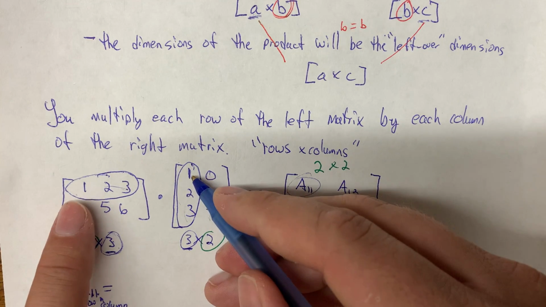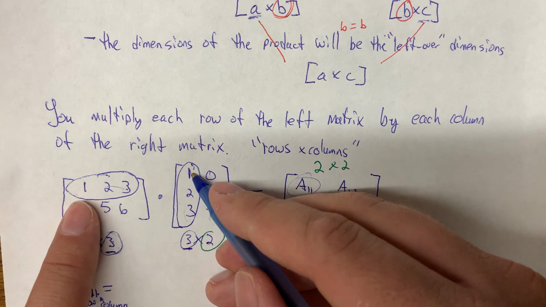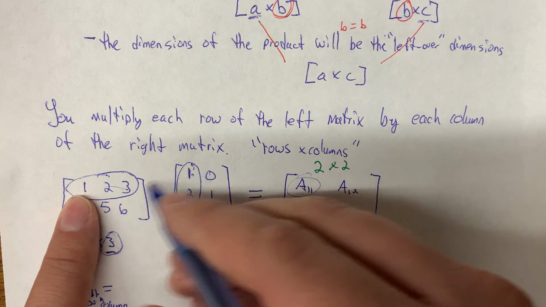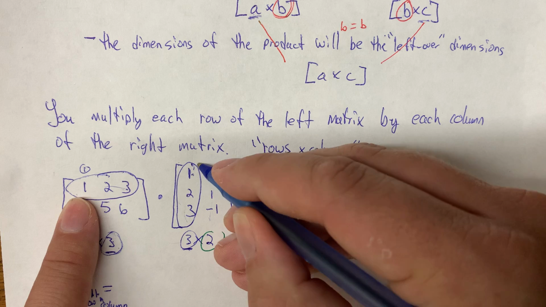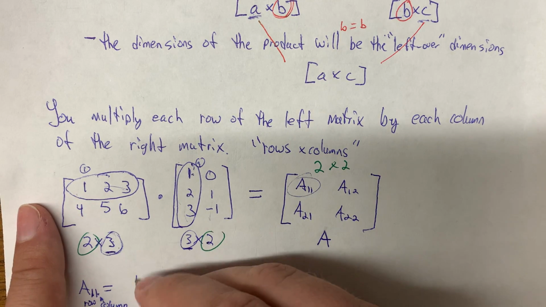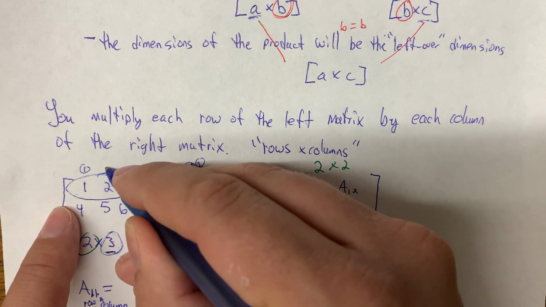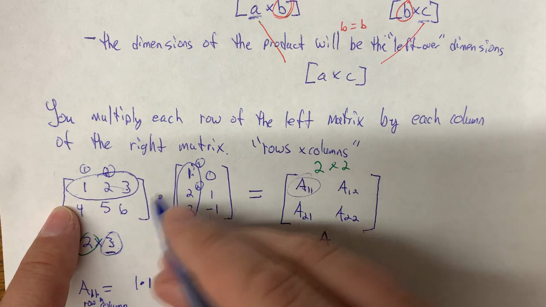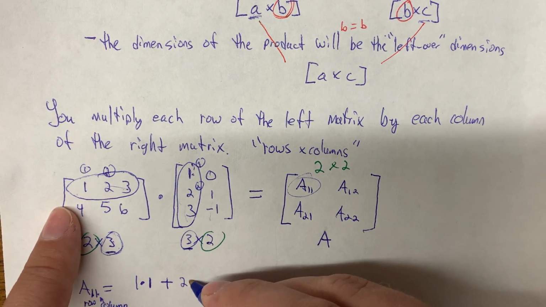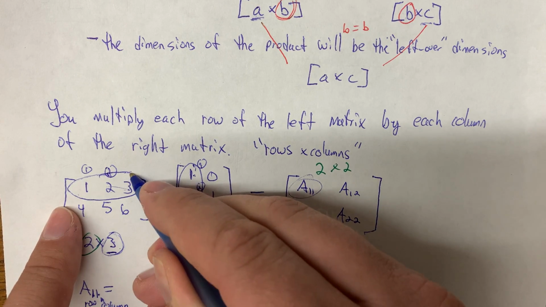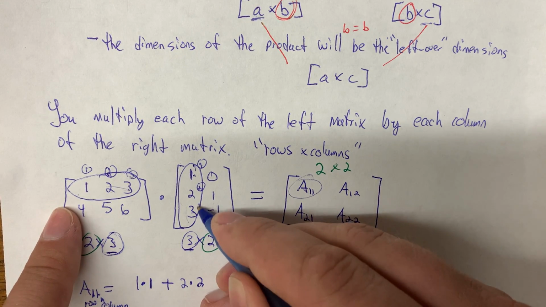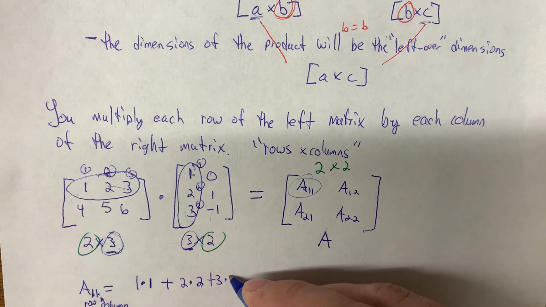The way it's going to work is you're going to do corresponding elements of the row times the column. So the first element is going to multiply by the first element. So it's going to be 1 times 1. And you're going to add that together with the second element times the second element, 2 times 2. And then the third element times the third element, 3 times 3.